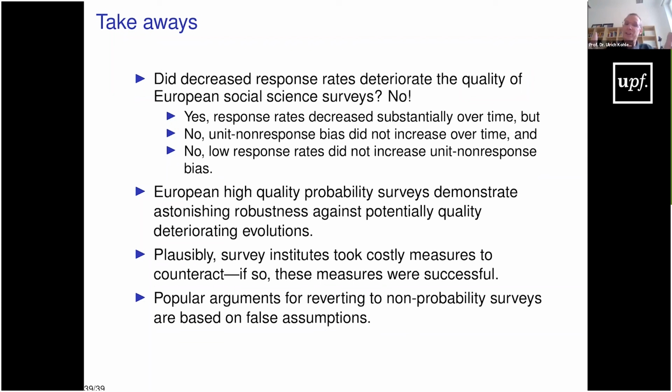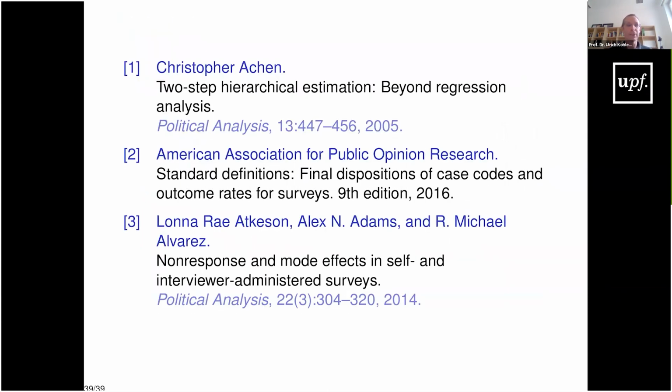But then our message is that, okay, then these measures have been successful in a sense, at least according to the criterion that we used here. So we would say that popular arguments for reverting to non-probability surveys are based on false assumptions, namely that low response rates are a huge problem for probability samples. That might be the case, but according to our criterion here, it is not.